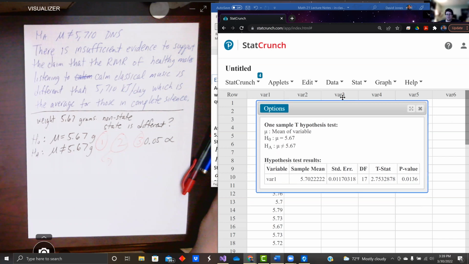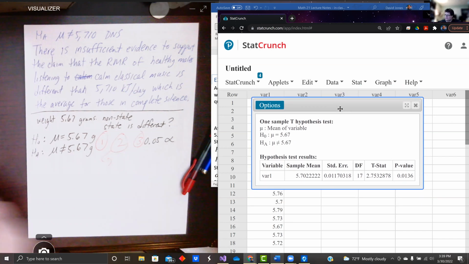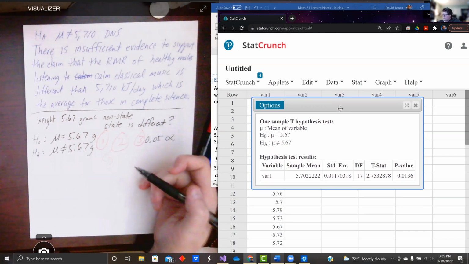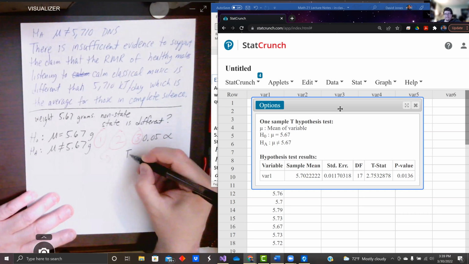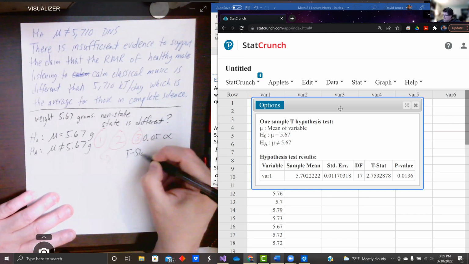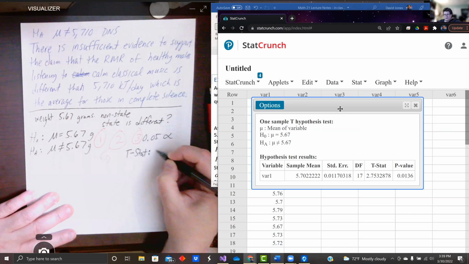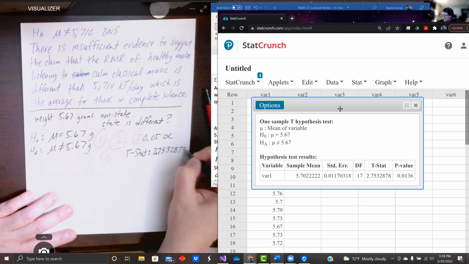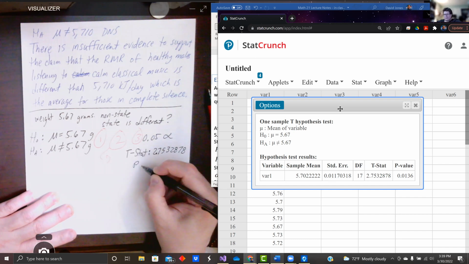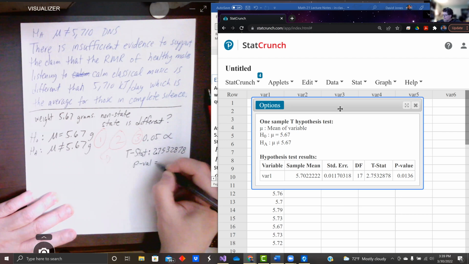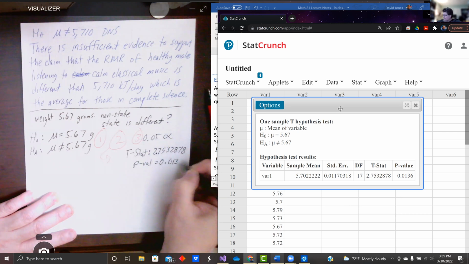We click compute and we get our results. Our test statistic, or T-stat, is 2.7532878, and my p-value is 0.0136.